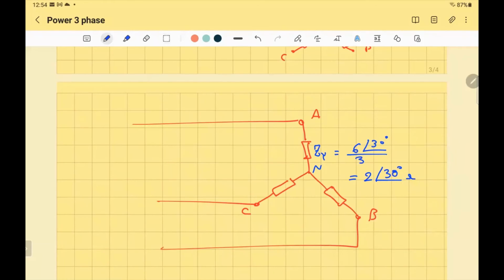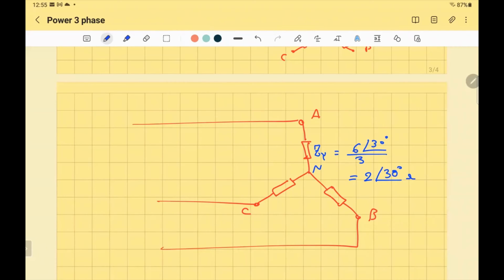That's the first step. Second step, you are going to take one equivalent phase. So you have to find the value of the phase voltage. It was given as 120 volts line to line.